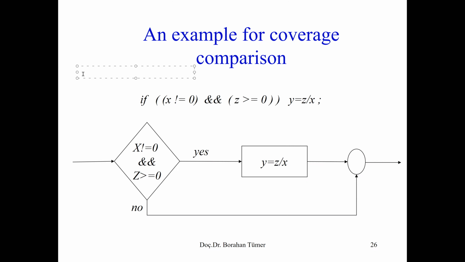So, for example, x equal to 0 and z equal to 0 will make true for C2 and false for C1, right?